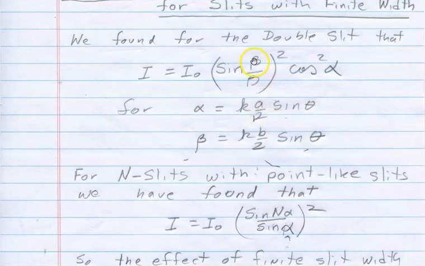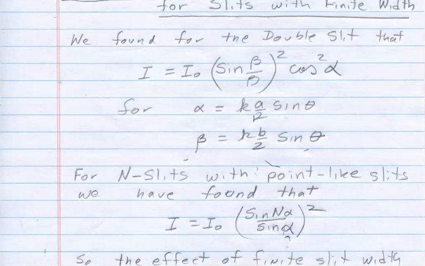Pretty clearly, as one way to look at this, as beta goes to 0, then this becomes 1 here, and we get the negligible slit width. If b goes to 0, then beta goes to 0, and then we just get the interference pattern for point-like slits for the double slit.